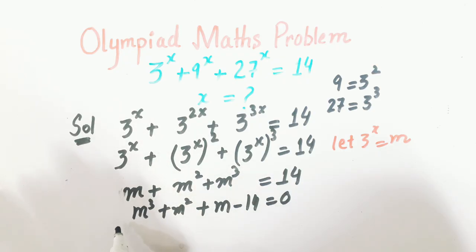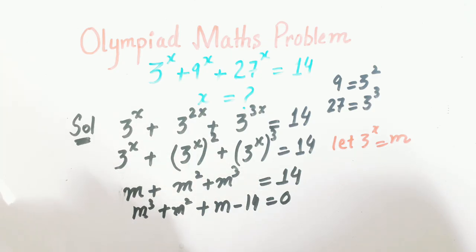Similarly, if we try 2, so 2 cube is 8, 8 plus 4 is 12, then plus 2 equals 14. So 2 is the factor of this.